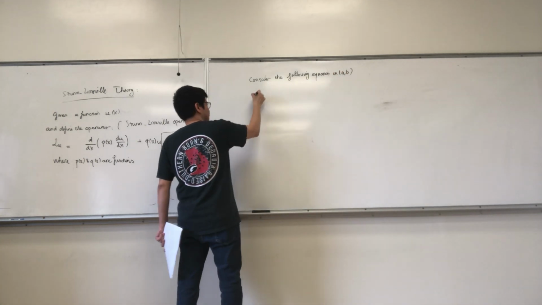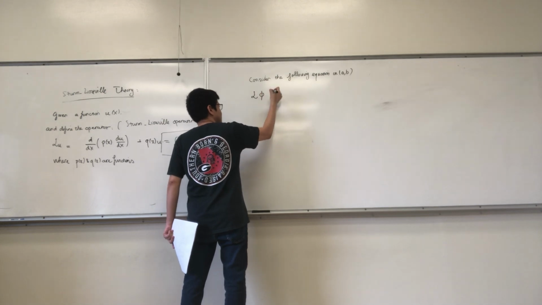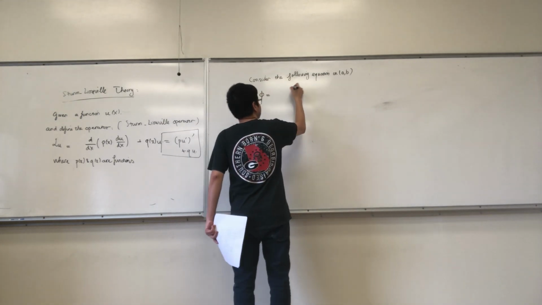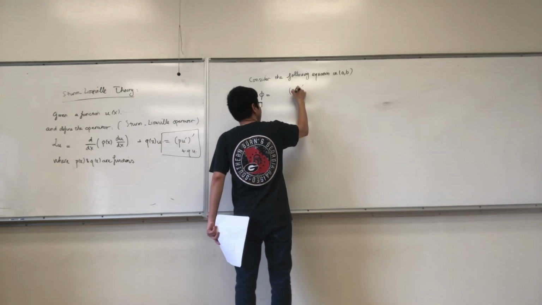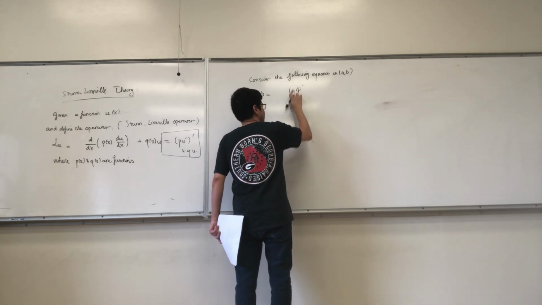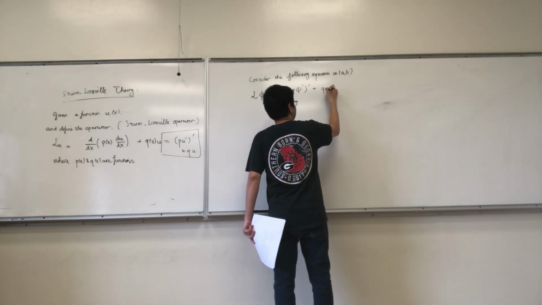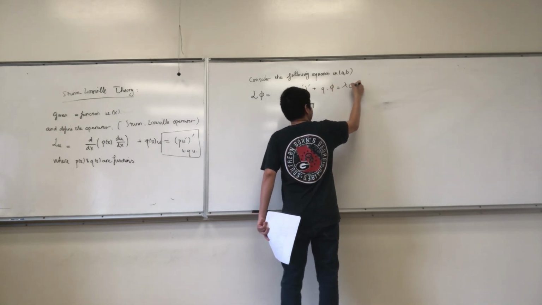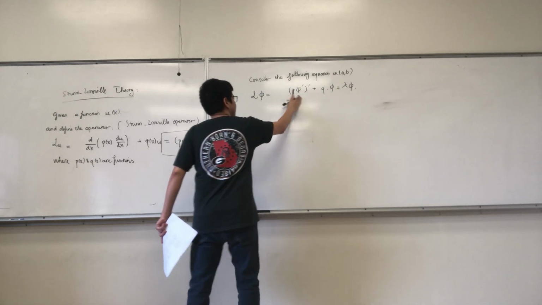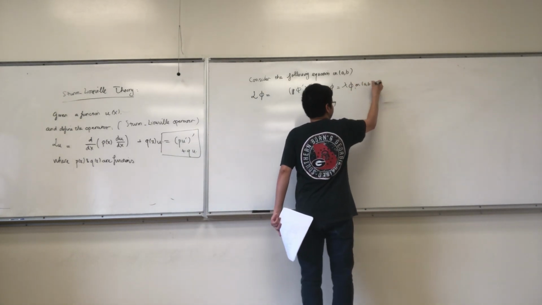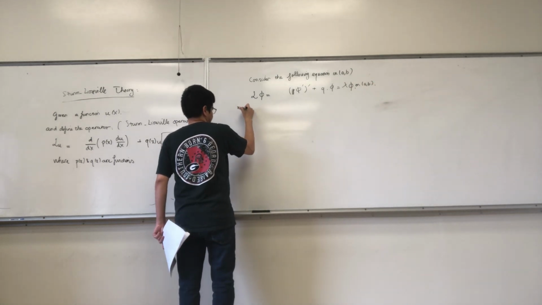You're going to have L of phi, which is (P phi')' plus Q times phi equals lambda phi, on [A, B], with the boundary conditions.